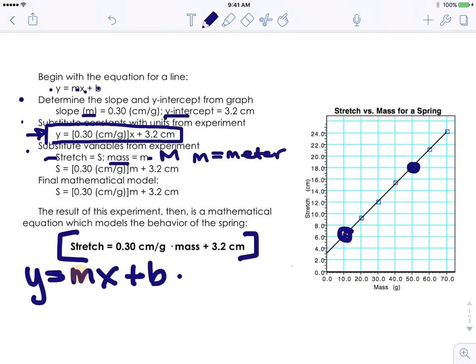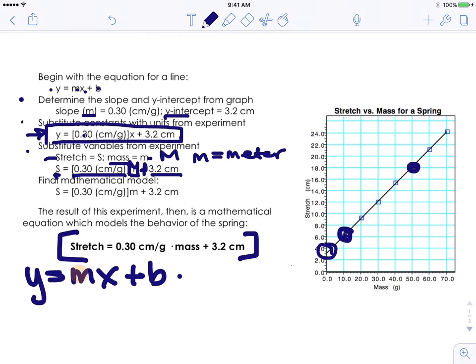All right, so what do we have here? We have capital S, which represents stretch. We have the slope times M, which really should be capital M, which is mass, plus 3.2 centimeters, which is our y-intercept, which we got from right here.